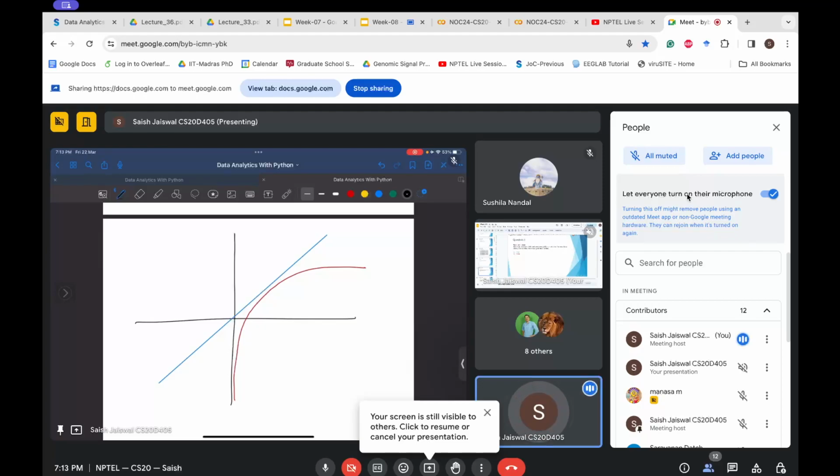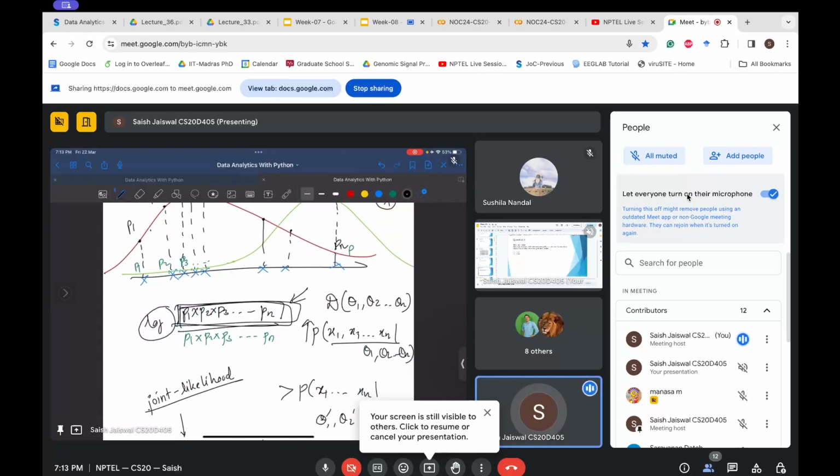So as x increases, log of x also increases monotonically. Taking this into consideration, we take the log of this product and differentiate with respect to the unknown parameters, say theta 1, theta 2 and so on, and equate the obtained expression with 0 to find the value of the unknown parameters theta 1, theta 2 and so on.